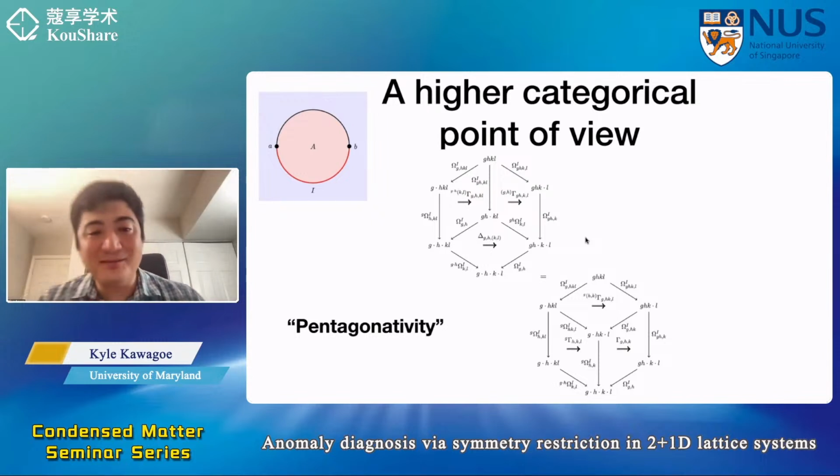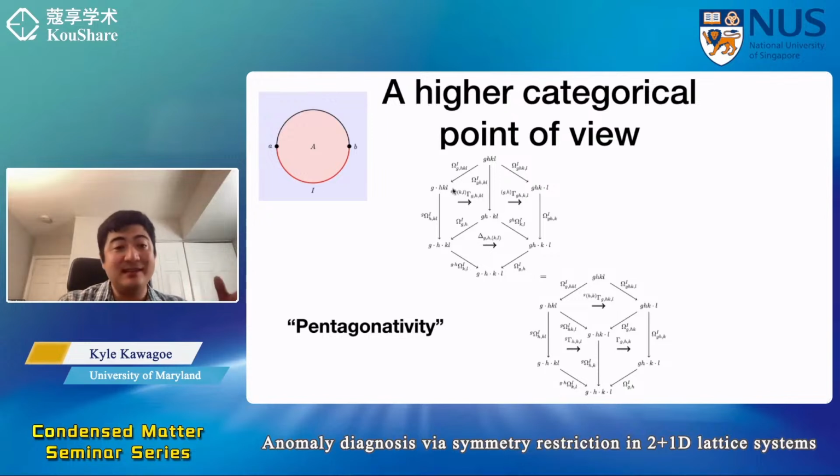pentagonivity, which is represented by a cube. So this is a pasting diagram. In general, if you have a pasting diagram, what it means is you just compose the arrows in the only way they fit together. So starting with a long line on the left going down of 1-morphisms, you get to this path of 1-morphisms by applying this 2-morphism, and then you compose it with this 2-morphism to get this path, and you compose it with the last 2-morphism to get this path.